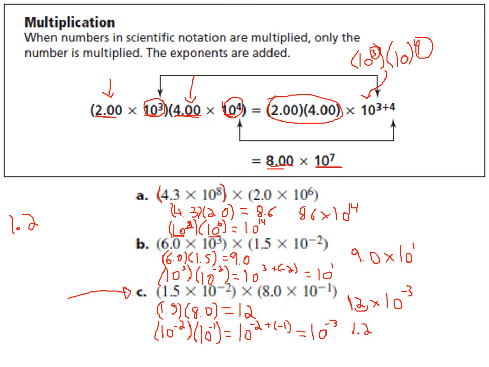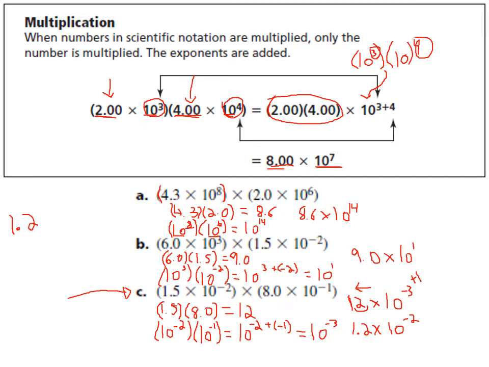Now remember that when you move your decimal over to the left, you're adding 1 to your exponent of 10. So we're doing plus 1. So this 12 times 10 to the power of negative 3 becomes 1.2 times 10 to the power of negative 2.